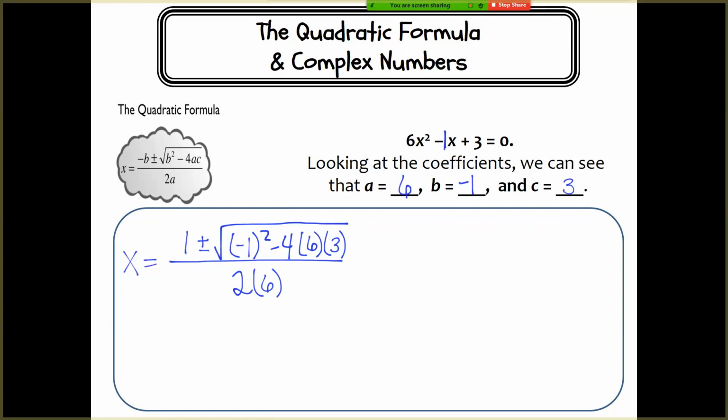And then just like normal, we're going to take what's underneath our square root and type that in our calculator. So in parentheses, negative 1 squared minus 4 times 6 times 3. That's our discriminant that we were just finding on the previous page.